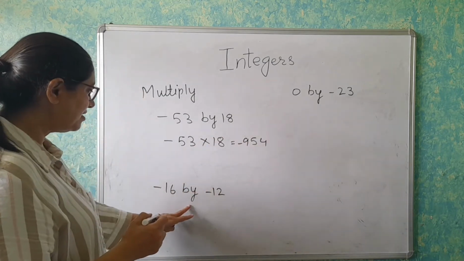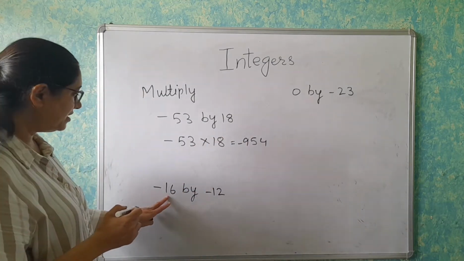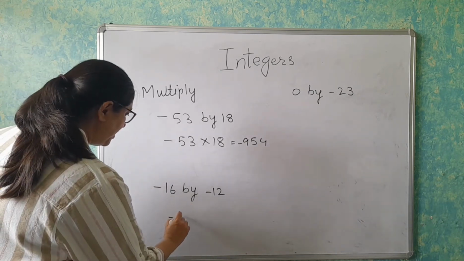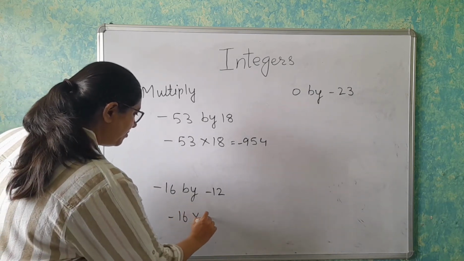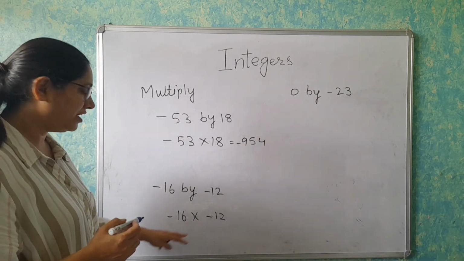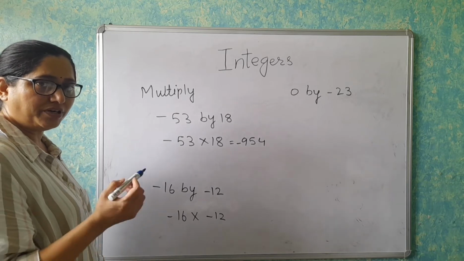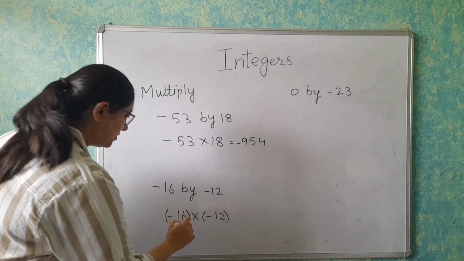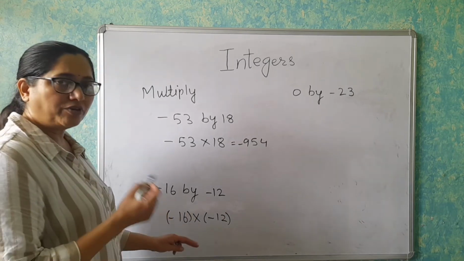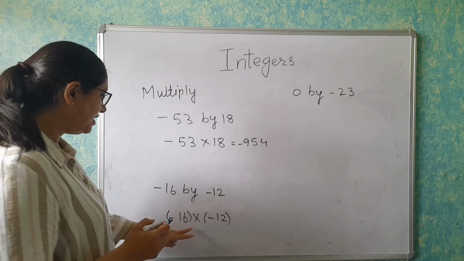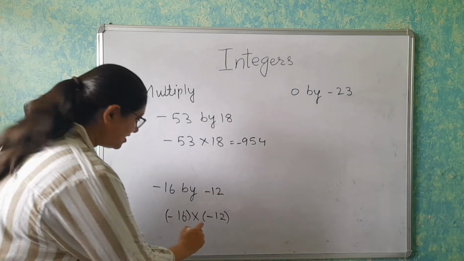In our next example, I have to multiply minus 16 by minus 12. So first I will write minus 16 multiplied by minus 12. Whenever there are two integers with negative sign, we have to put them into brackets. Now I have to multiply minus 16 with minus 12. 2 sixes are 12.